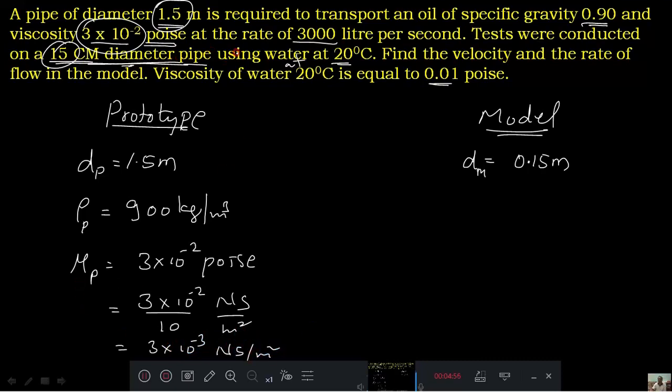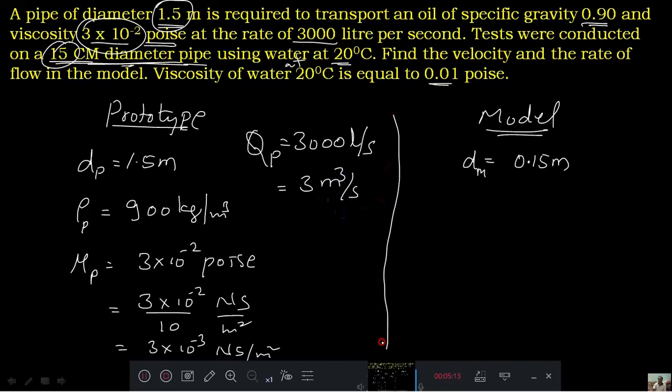Okay now, 3000 liter per second is given. That is Qp, the discharge of the prototype, 3000 liter per second. I want it in SI unit, therefore dividing by 1000, it is 3 meter cube per second. Okay, these are the data I got.